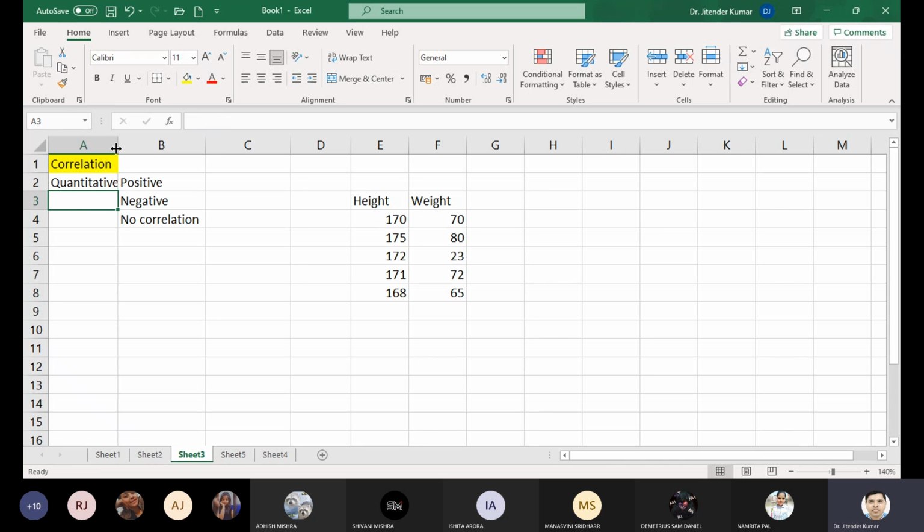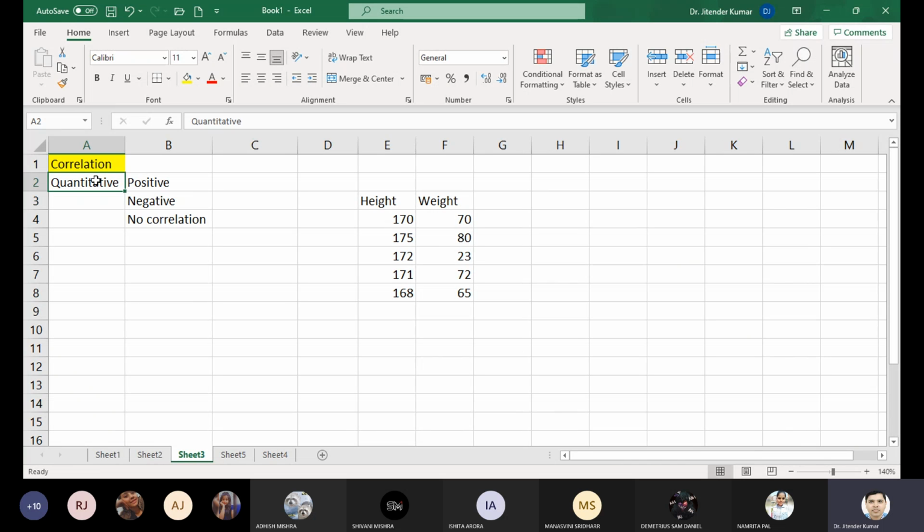If your variable is not quantitative, if it is qualitative, that cannot be called correlation. Whenever you're writing the definition, you always have to write this term quantitative. If you don't mention quantitative, then your definition is incomplete. So a relationship between two quantitative variables is called correlation.